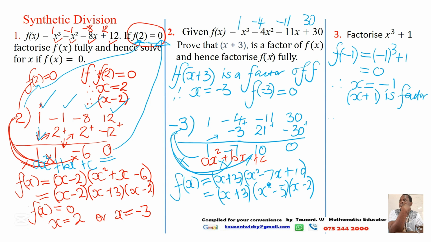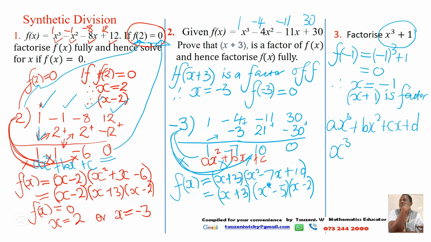So if you do synthetic division, now we need to notice something very interesting here. This expression here has got two terms. Our synthetic division must follow standard form. We have ax cubed plus bx squared plus cx and then plus d.